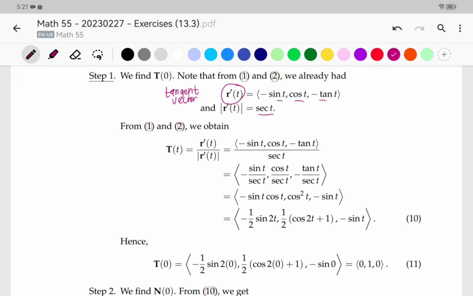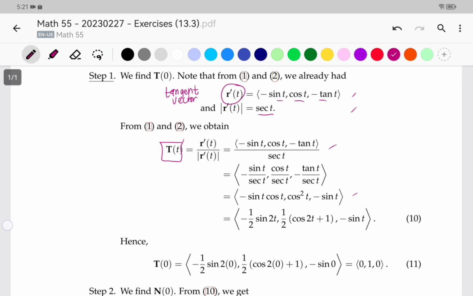Now, if we make use of these two, we're going to form what we call the unit tangent vector. So we're going to have negative sine of t, cosine of t, negative tangent of t divided by secant of t. Eventually, we are going to have negative sine t cosine t, cosine squared t, and negative sine t.